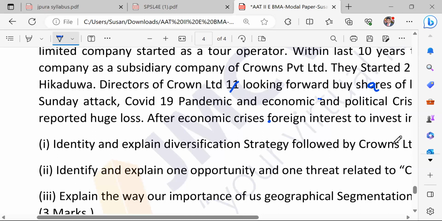And with the political and economic crisis, some countries listed Sri Lanka as a country without essentials like food and fuel. These are the threats you can list down. Identify and explain one opportunity and one threat.